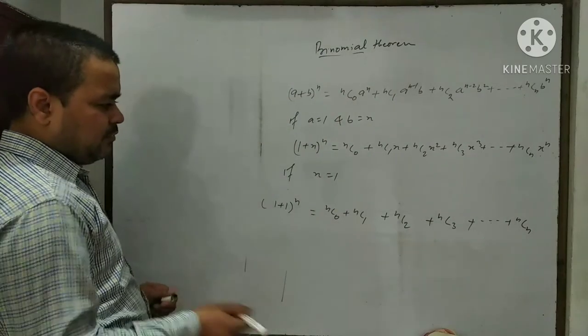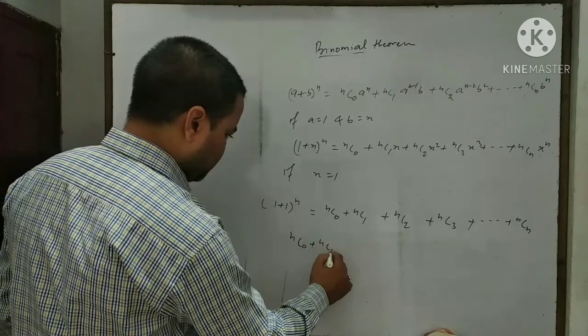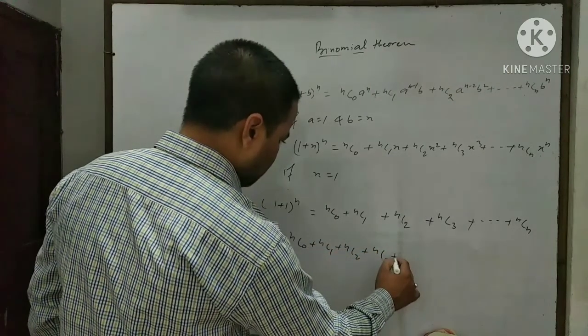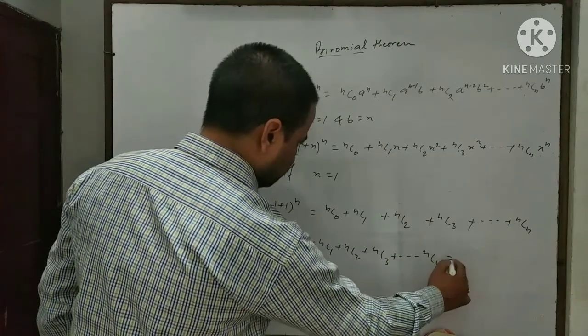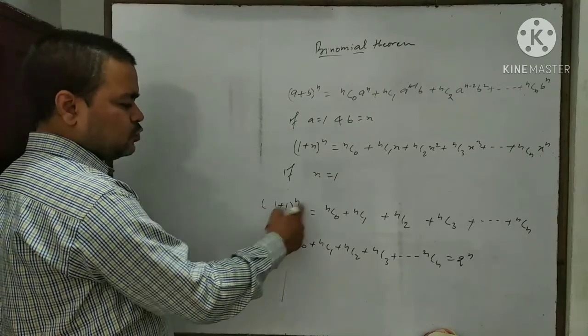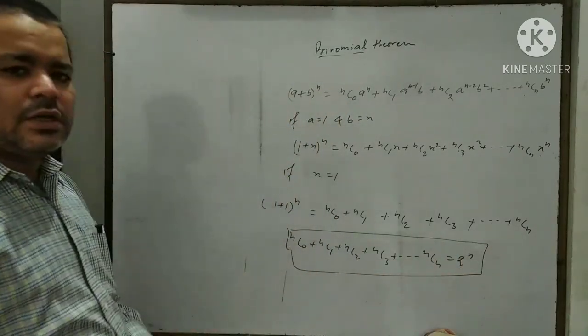In this way, we find one conclusion: nC0 + nC1 + nC2 + nC3 + ... + nCn is equal to 2^n.